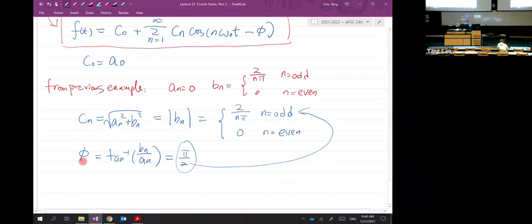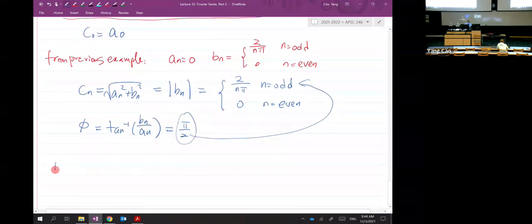So often, if we plot Cn versus n, or versus omega, and you plot Cn versus omega, you get the so-called amplitude spectrum.